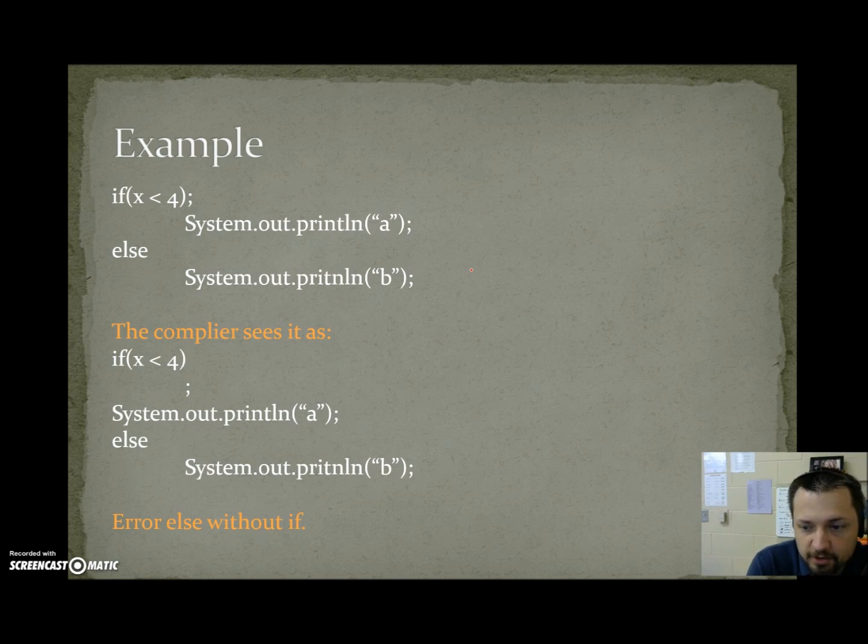The compiler says else without if, because remember, an else must immediately follow an if. And if you see, here are the curly braces for the if, here are the curly braces for the else. This is sitting in between them. You can't put code in between an if and its else. So this produces the error else without if.